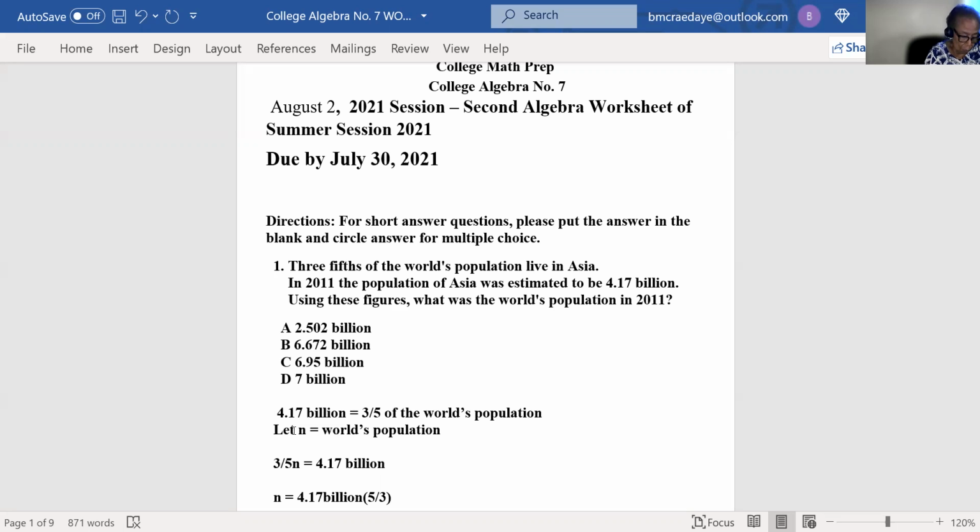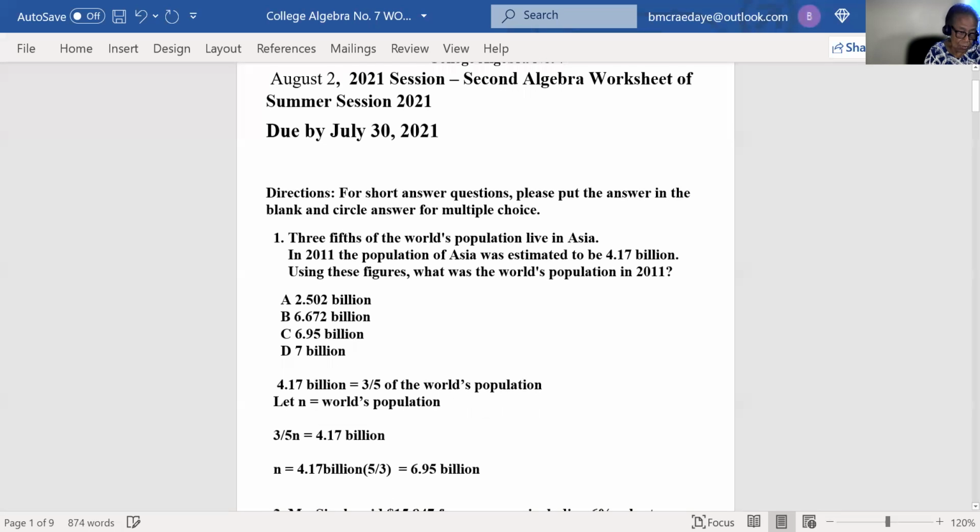So if you multiply this out, you should get the answer 6.95 billion. And that would be answer C.